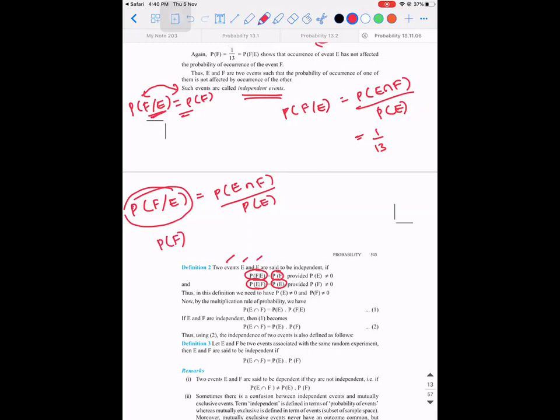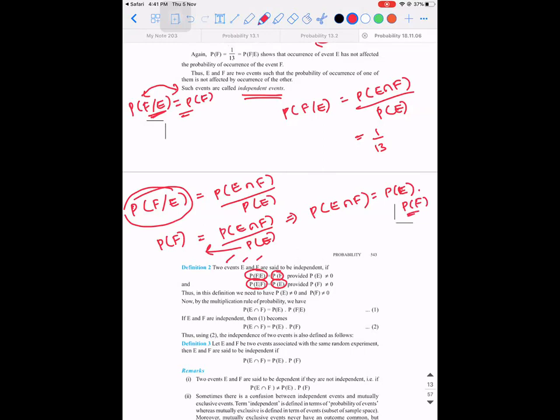Guys, are you clear? It is probability of F. So probability of F will be probability of E intersection F divided by probability of E. If this goes to the other side, from this we can conclude that the probability of intersection of two independent events is the multiplication of the probabilities of the individual events.